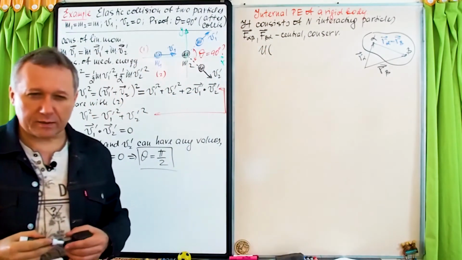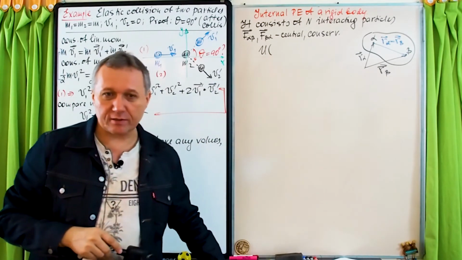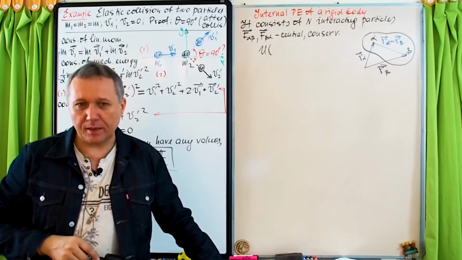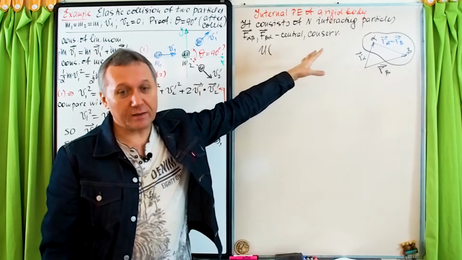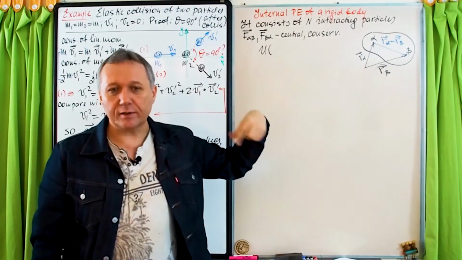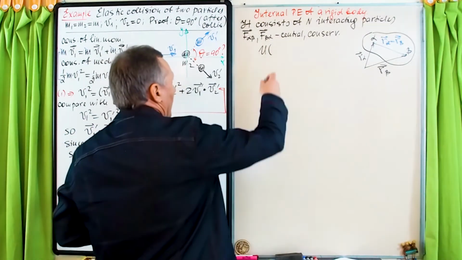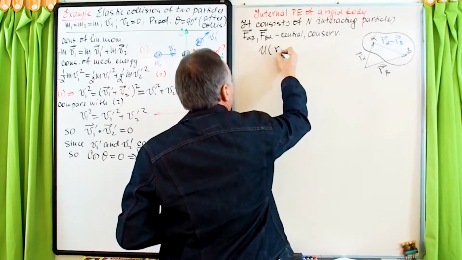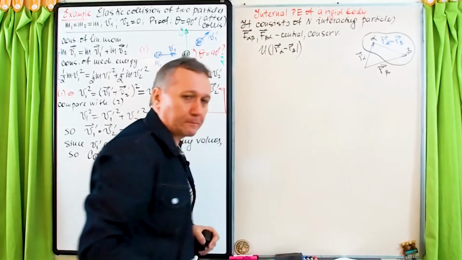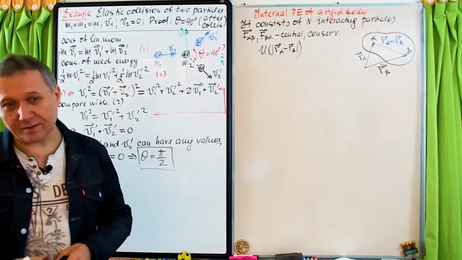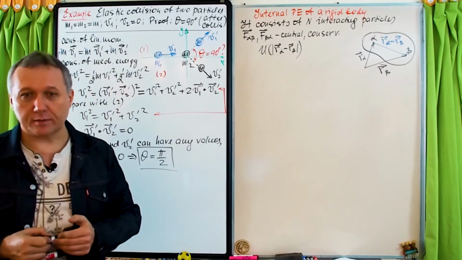I skipped this section. I moved it to the chapter where we're going to discuss central forces. I feel like it fits better there, where we will show that if the force is central and conservative, then it's spherically symmetric. So as a result, instead of writing u as a function of r alpha minus r beta, I can put an absolute value. So it's a function of a distance, not a vector, the distance between interacting particles.